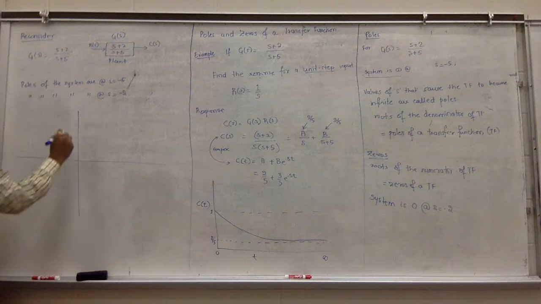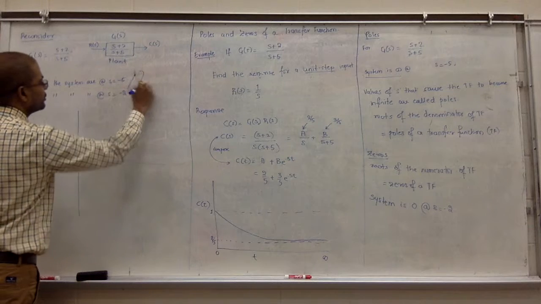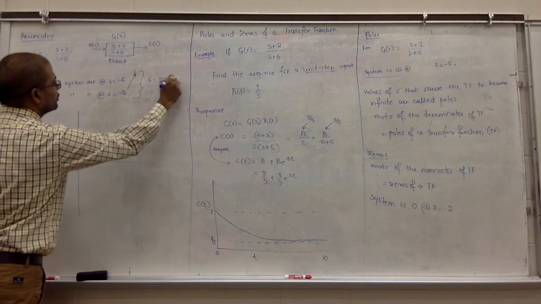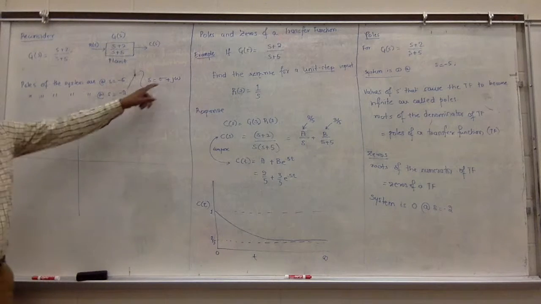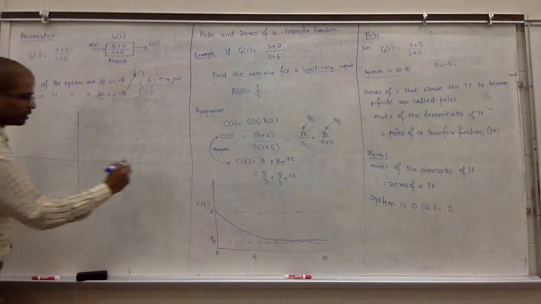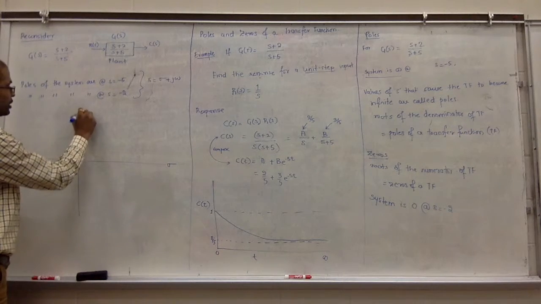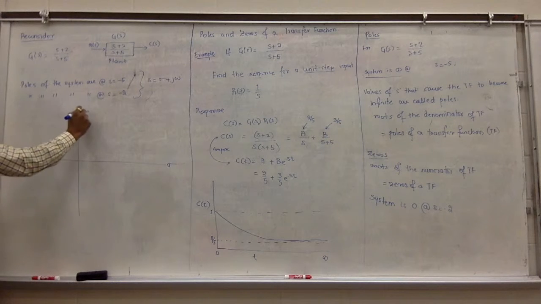It's very simple. This is called the s plane, and generally we use the representation j omega. Sigma is this axis, which is the real axis. j omega is the imaginary axis. Instead of i, we use j.